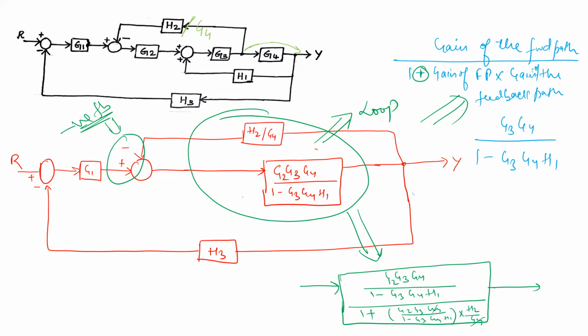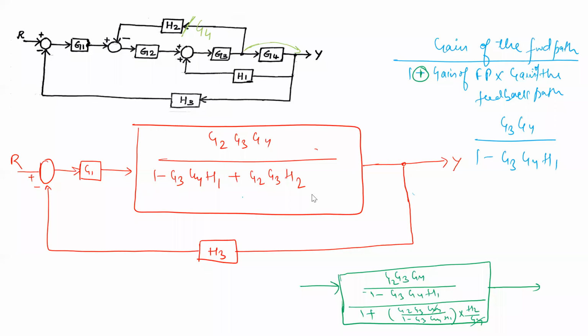So G4 and G4 will be cancelled out here. So we can simplify this one, and when we simplify, the resultant block diagram will be this one. We will take this as LCM and 1 minus G3, G4, H1 will be cancelled out, and we have this one here.